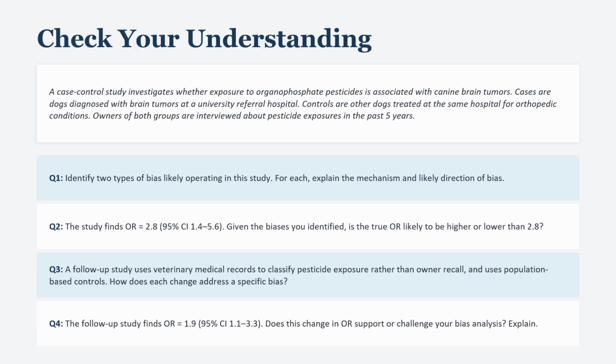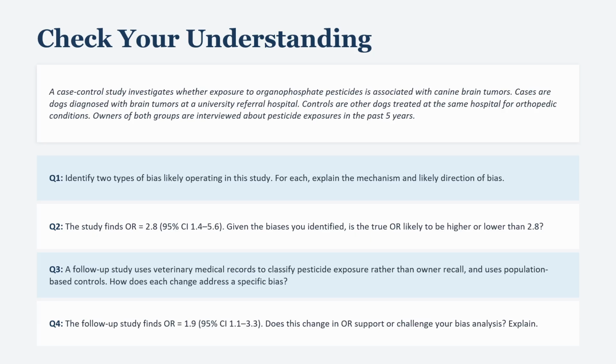The association remains statistically significant. 95% CI 1.1 to 3.3 excludes 1.0, suggesting there may be a real association between organophosphate exposure and canine brain tumors, but the magnitude is substantially smaller than the biased estimate suggested.